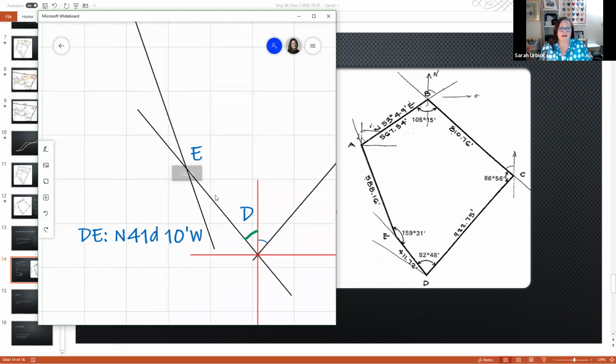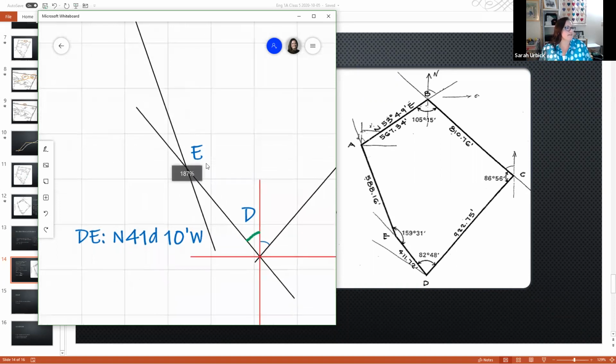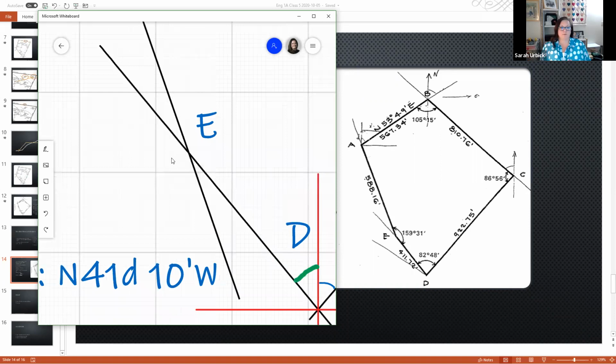Now that we've got that angle, just continue to repeat the process. This is the one that kind of screwed me up earlier. To me, this angle is going northwest, right? That line has a bearing that's gonna go northwest.